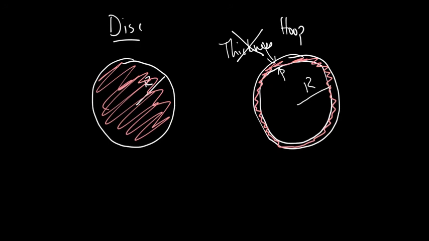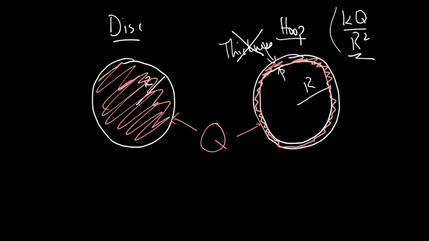So again, this distance r and the charge q that we're putting onto these objects will be what go into both of these. And so for this, we're going to be looking at kq over r squared as our basic unit of electric field, and we're going to want to see what fractions of that are going on here.